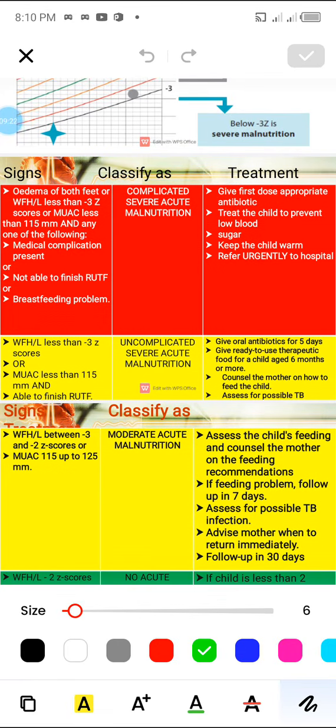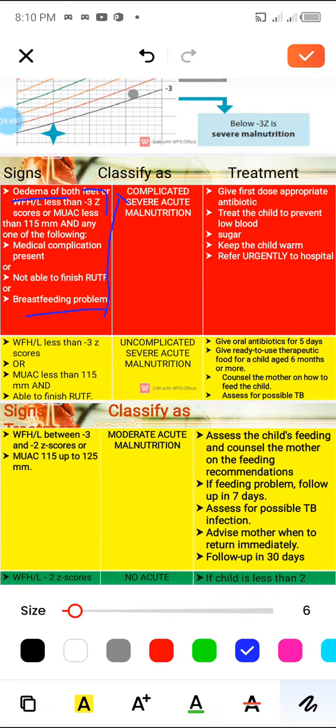So under your assessment, what you are doing is trying to assess all these. Those are the questions you're trying to ask, or you're trying to just see using your eyes. So mostly you see using your eyes, because you can ask the mother some questions, but most of the things you see, like for example edema of both feet, you see by yourself and you grade.